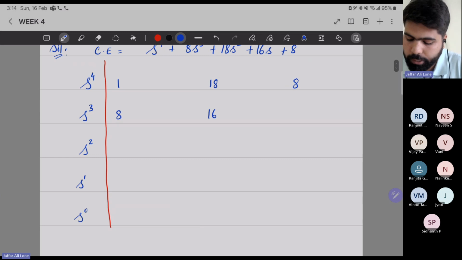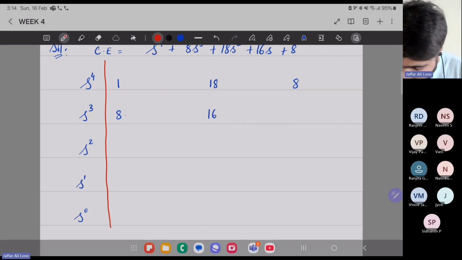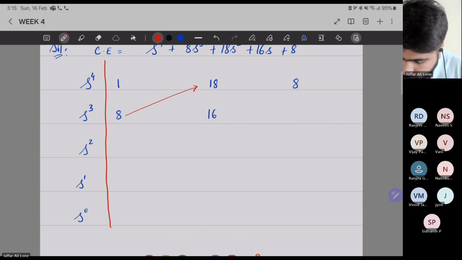Now, how to populate these other rows? How to populate s square, s^1, and s^0, right? So for s square, what we do, we multiply this and divide by it. It is s square is 8 into 18 minus 16 into 1, divided by 8.